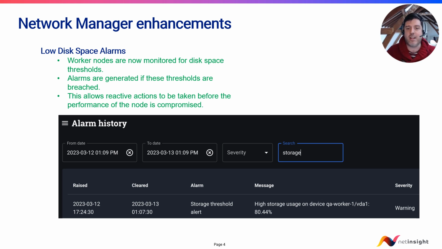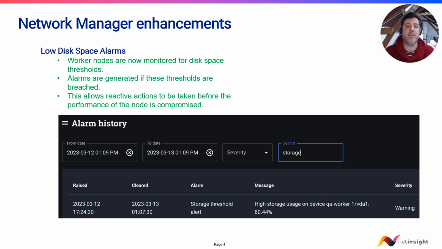So you'll see in the alarm panels and the history, we now have these storage threshold alerts, which will give you an alarm warning if a device breaches that threshold. So this may enable our customers to make decisions about adding additional worker nodes. It's indicative of a system that is probably becoming highly utilized, of course, or it might be needing to expand the underlying disk space and so on that's attributed to the node in the system.